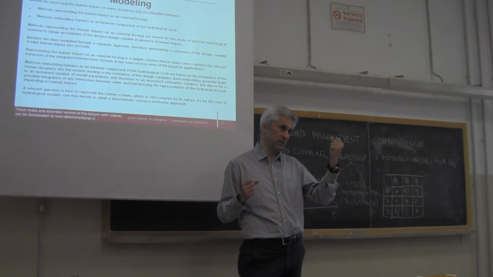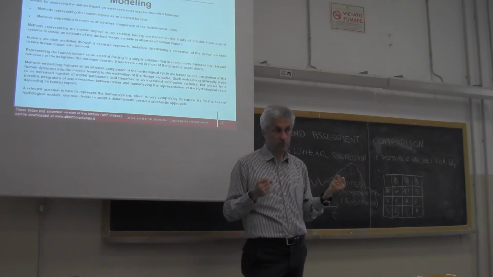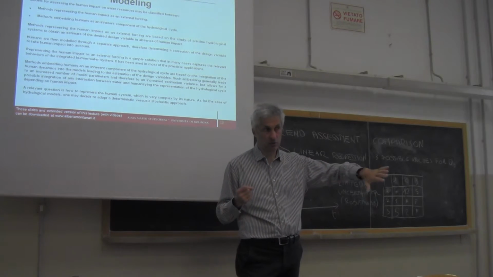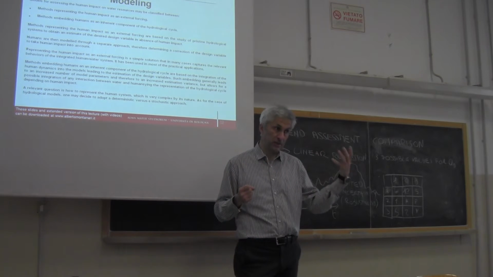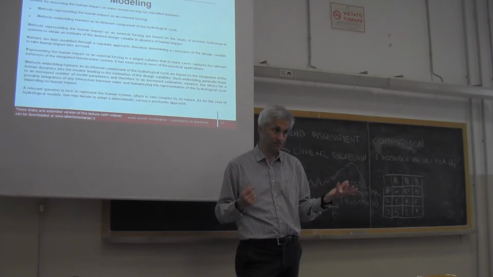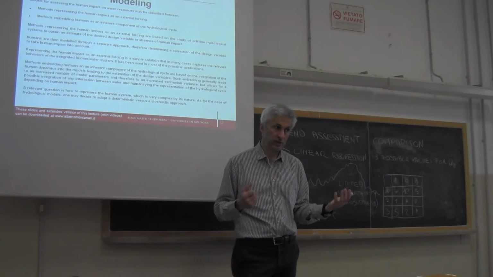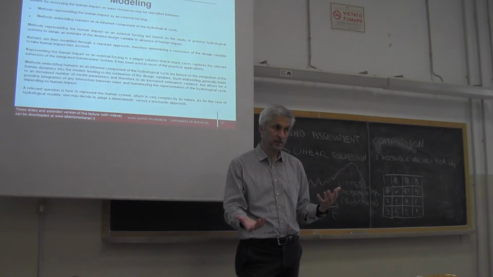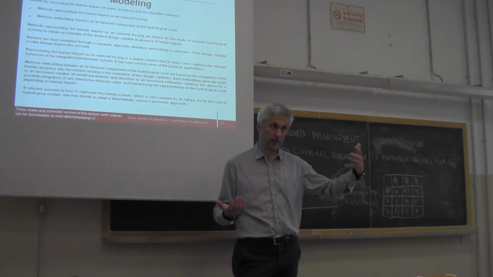Going back to the previous example, you study river flow in pristine conditions and then you subtract water withdrawal. But what is the purpose of the withdrawal? It may be irrigation. If you irrigate, you increase evaporation. If you increase evaporation, you increase rainfall, and you may increase the river flow. This is a feedback. Feedback means a return effect.